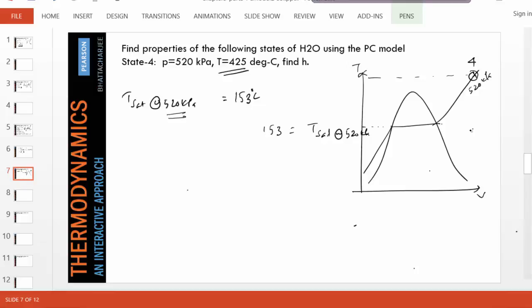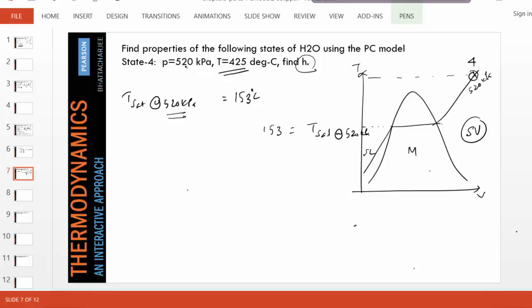Recall that these are all superheated vapor states on this side, subcooled liquid, and this is mixture. So to find the properties, in this case enthalpy, at this condition, again, we go to the superheated table, 520 kPa and 425 degrees Celsius.